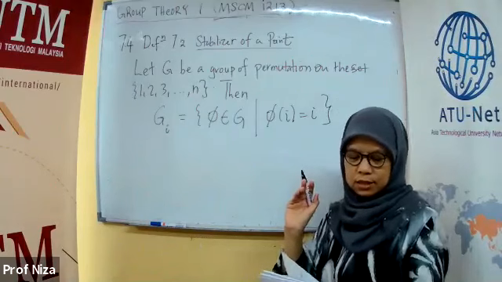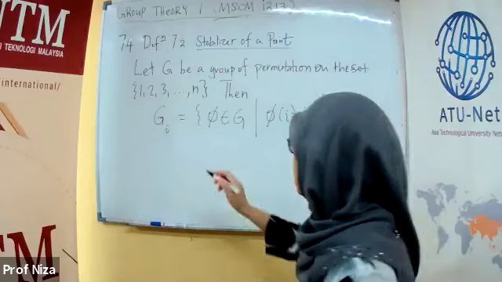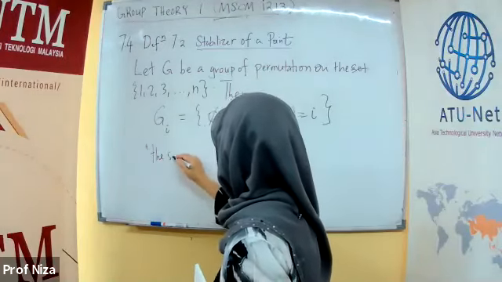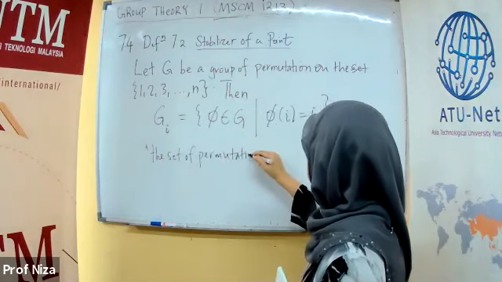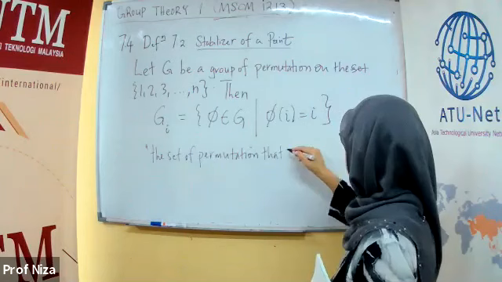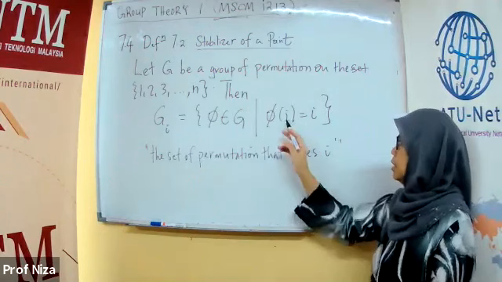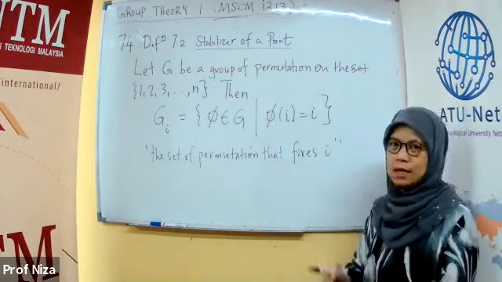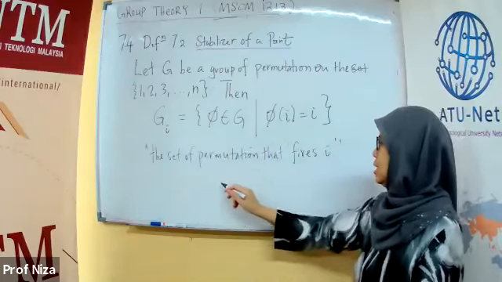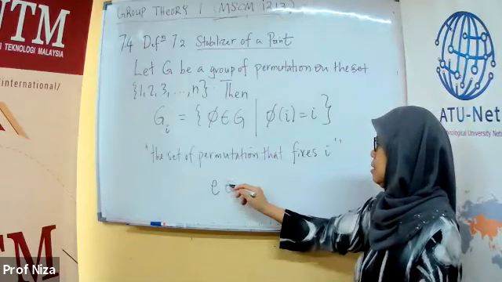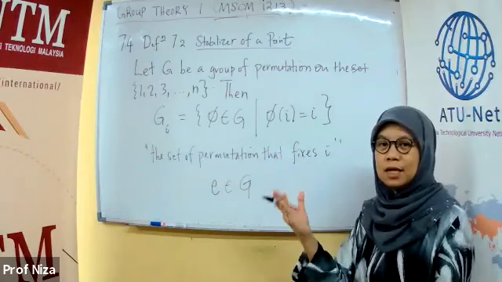The stabilizer is the set of permutations that fix i, that is, phi of i is i.